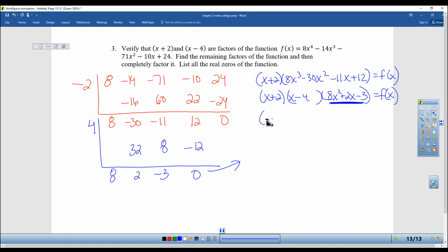It's still got a square, so I'm going to keep trying to factor. Now, they didn't tell me any more factors, so now I'm on my own. I'm going to go with 4 and 2. I don't actually know. And then I have to do 3 and 1. So if I put a 3 here, I'll get 12 and 2. That's not going to make 2. So I think to myself, then it must be 1 and 3, or it's not factorable.